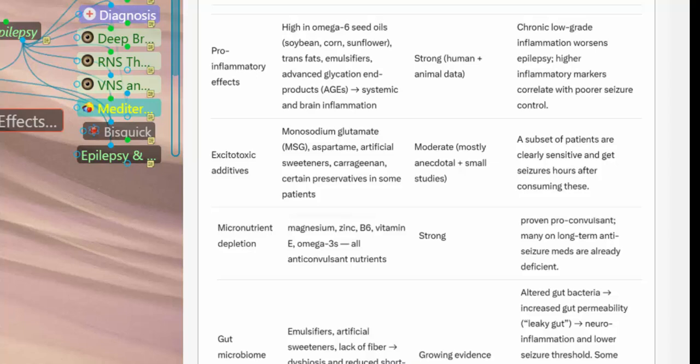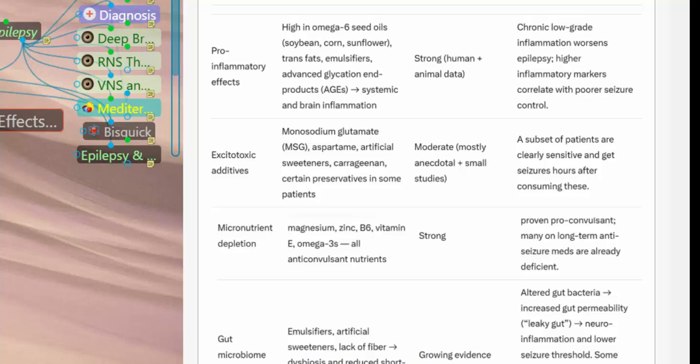And then we get micronutrient depletion. Magnesium, zinc, B6, vitamin E, and omega-3s are anticonvulsive nutrients. If patients are not getting enough of those and they're deficient, that can lead to convulsions, and the evidence is very strong. They're proven pro-convulsant.